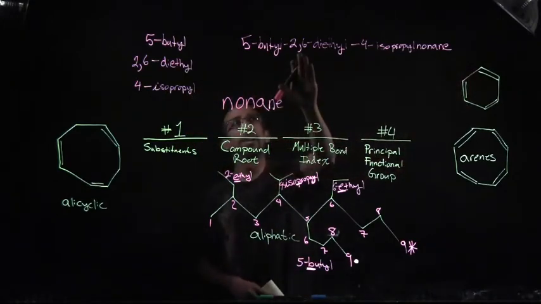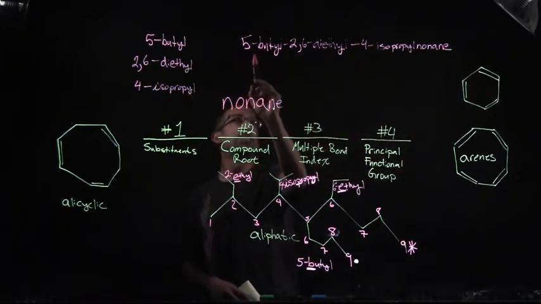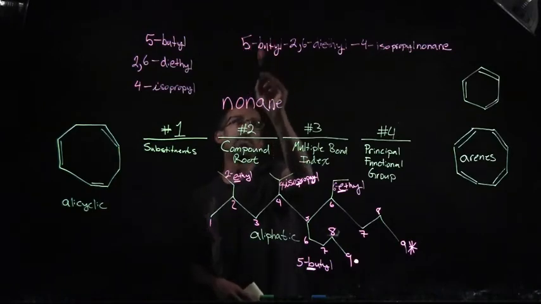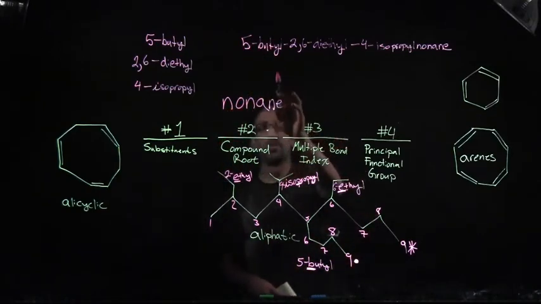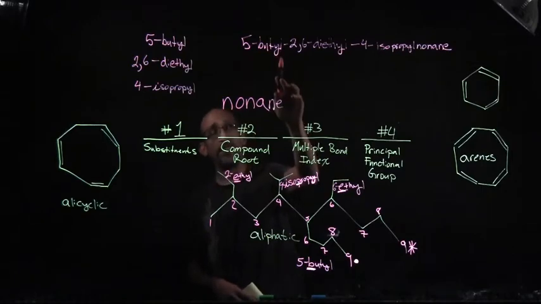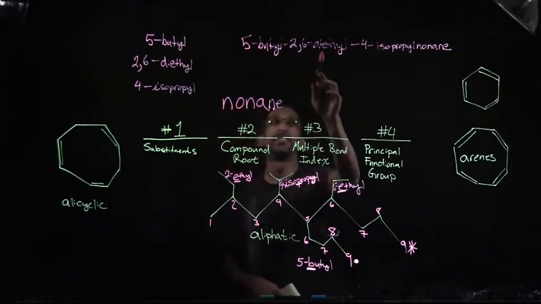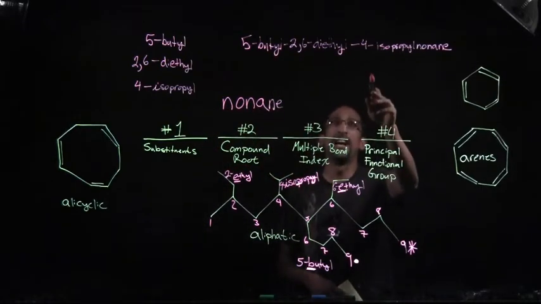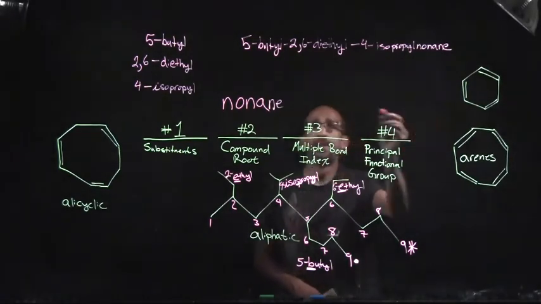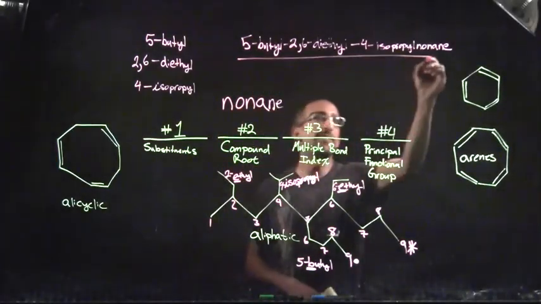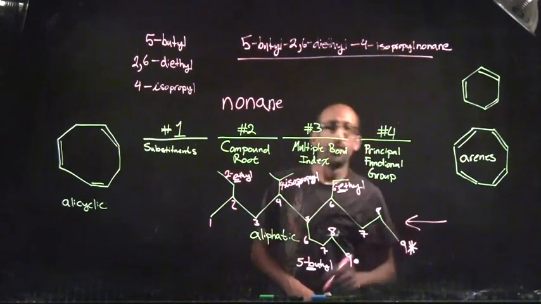Our numbers are separated by commas. Every time we switch from a number to a word, we use a hyphen. 5-butyl, hyphen, 2, 6, hyphen, diethyl, hyphen, 4, hyphen, isopropyl, nonane. This would be the IUPAC systematic name for this compound.